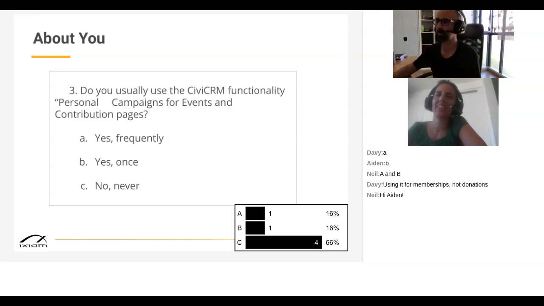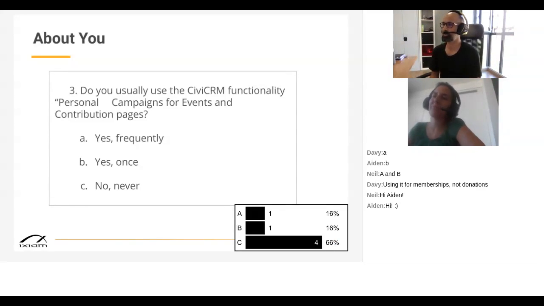Okay, that's perfect. So I think it's the perfect audience because you already know Civi, you already know contribution pages, and don't actually use personal campaigns, which is kind of the same situation that we were in some months ago, where we were seeing that this was an existing, common request from our clients, and we saw the feature there, but we also saw that there were some missing things to make the feature, let's say, usable.